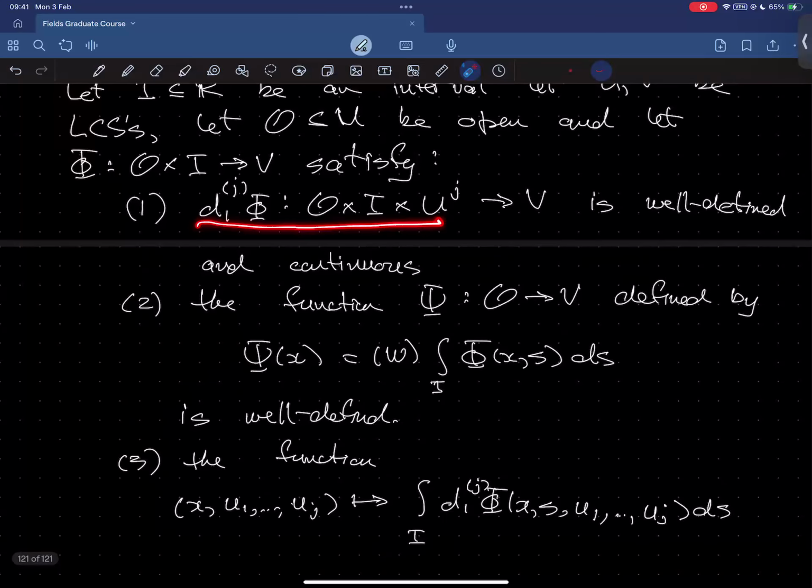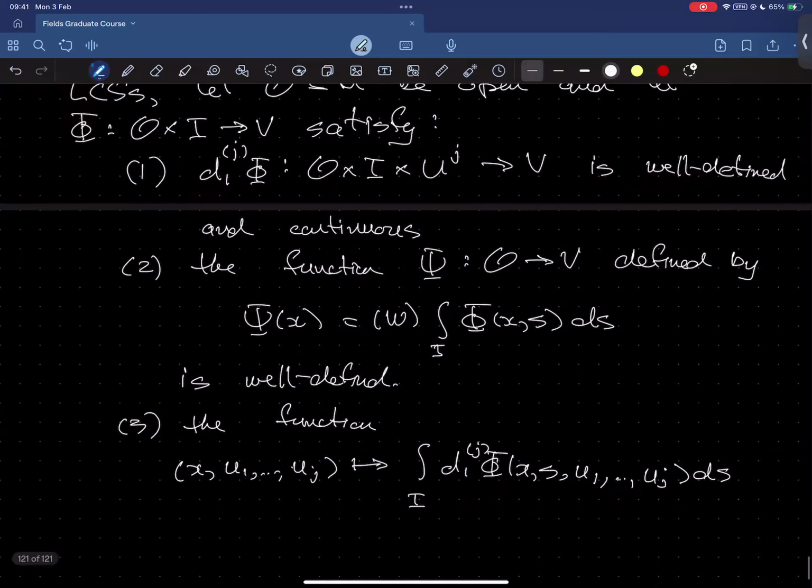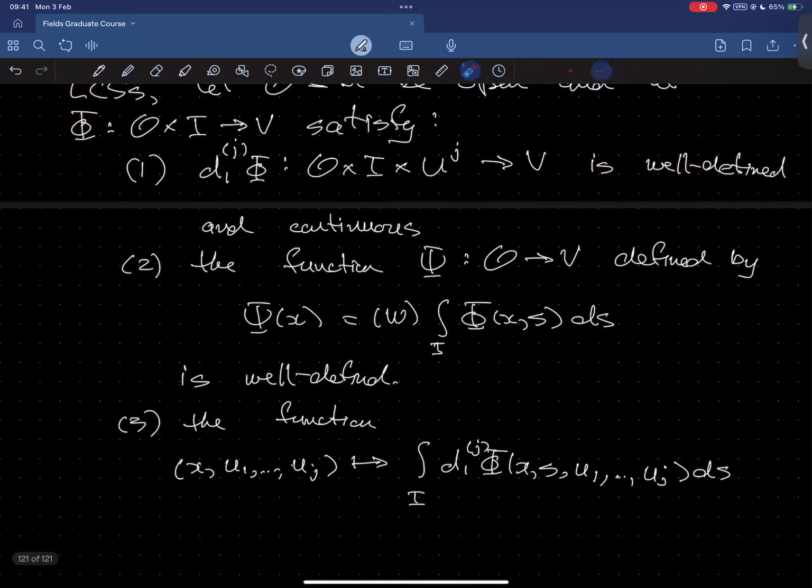I know that this thing that I'm integrating here is well-defined and continuous, so the integrand isn't too crazy. But I am assuming that its integral over I exists, and again, I'm not assuming any continuity properties of this mapping here.